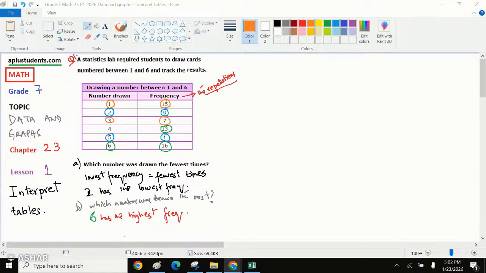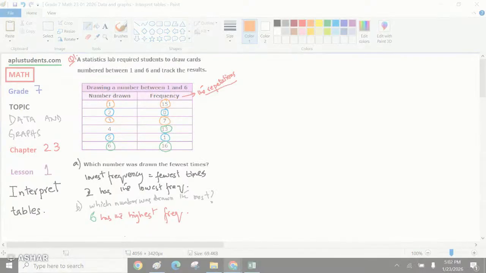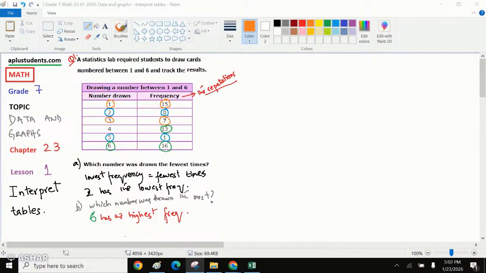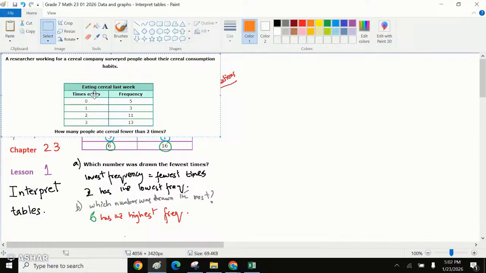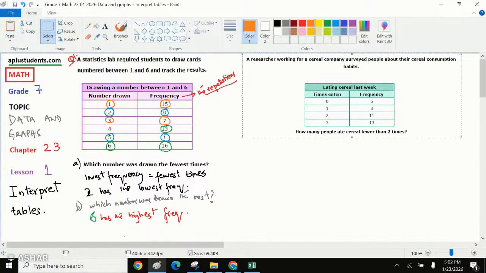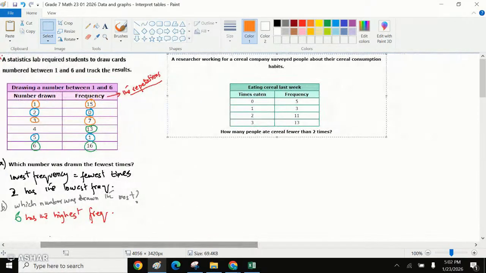Okay, let's see another example. The question says the researcher working. Just a moment, please. Let me just copy paste. If this was given to us, and let me just realign this.